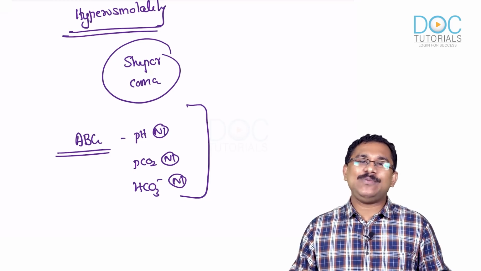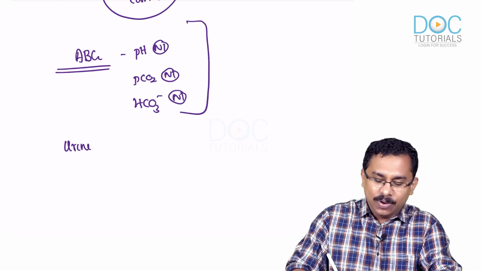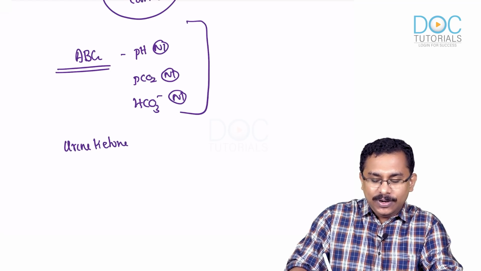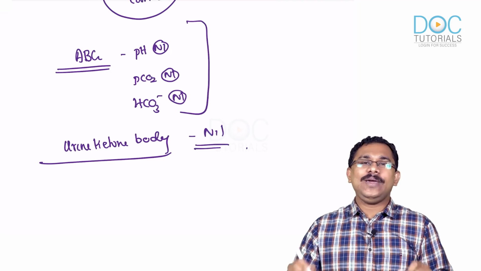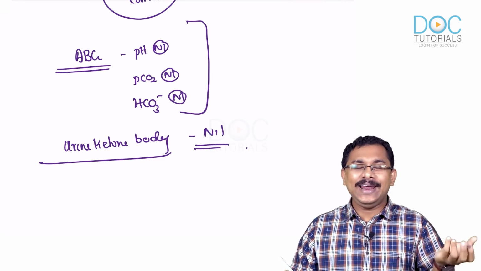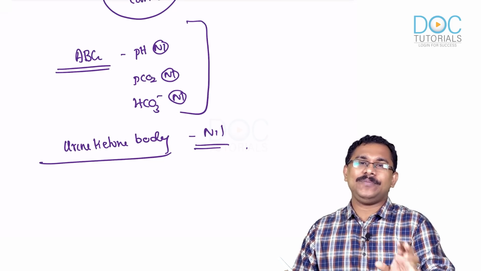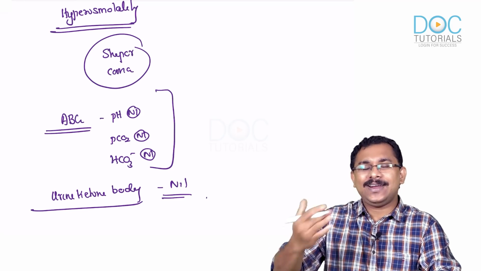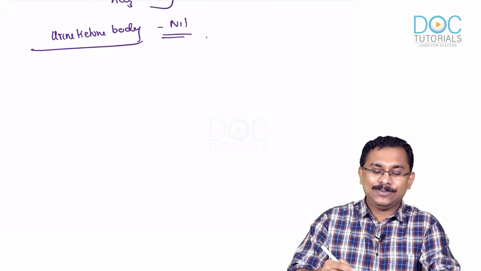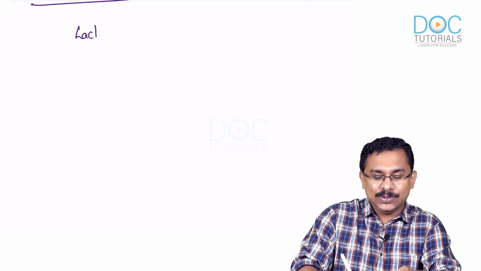So your ABG will be perfectly normal, and when you check your urine ketone bodies, it is nil. Unless the patient has developed another complication, maybe the patient with HHS may also develop an associated lactic acidosis.